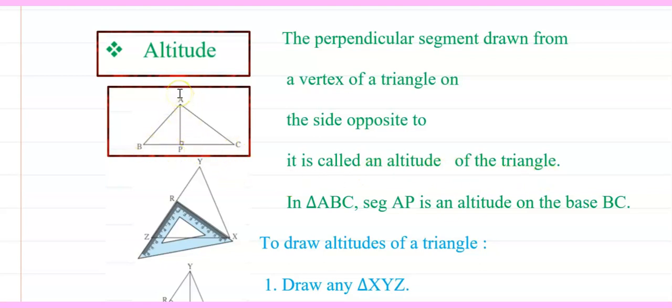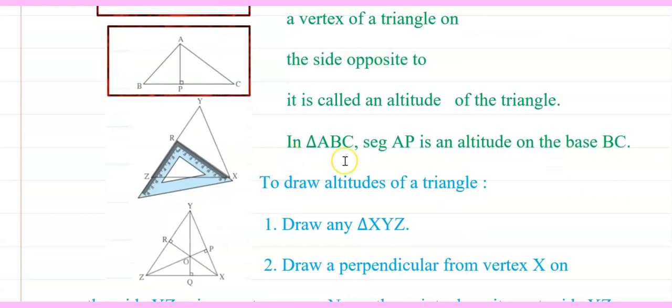A is a vertex and its opposite side is BC. If we draw the perpendicular from the vertex A on the side BC, then AP is called the altitude of the triangle. That is, in triangle ABC, AP is an altitude on the base BC.